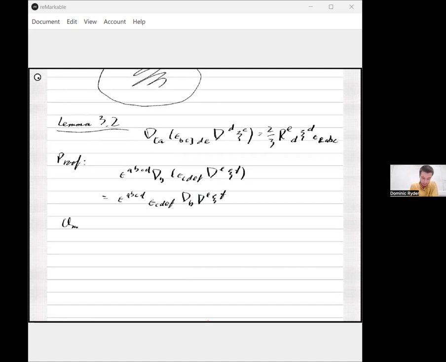And then using 1, this is just -4 nabla_B nabla^[A xi^B]. And then using Killing's equation, nabla_B xi_A is equal to minus nabla_A xi_B.